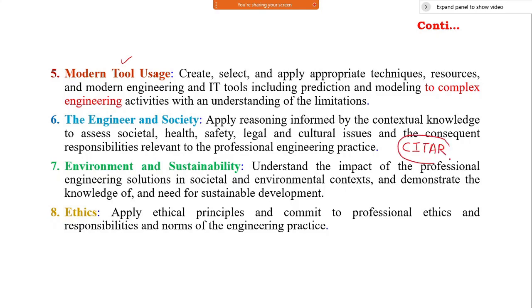Sitara was created by IIT Bombay, connecting to the rural part of India, where engineers help rural areas create very low-cost solutions for their difficult problems.